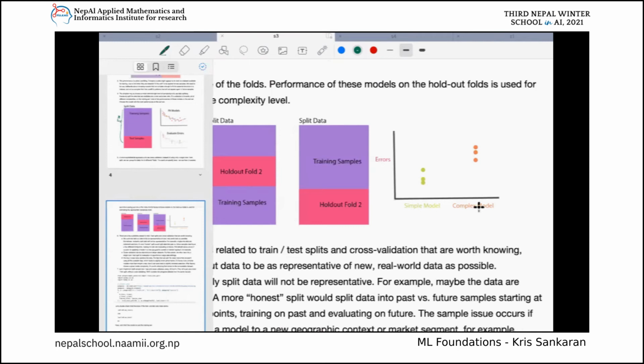You can imagine there might be a model that is too simple, maybe a straight line going through a curve. It's also going to get a lot of error. So there's usually a sweet spot: here's too complicated, here's too simple, and here's ideal.